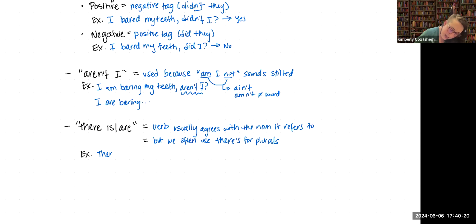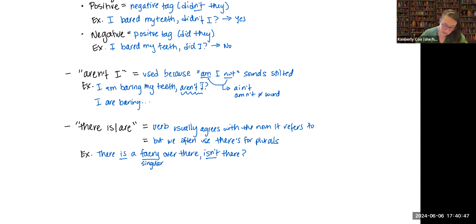there is a ferry over there, right? Isn't there to create a tag question, right? Ferry in this instance is singular, right? So is singular and is over here is the singular conjugation of that verb.